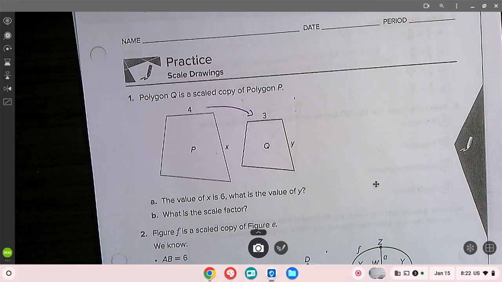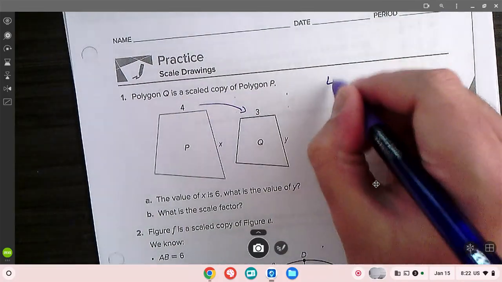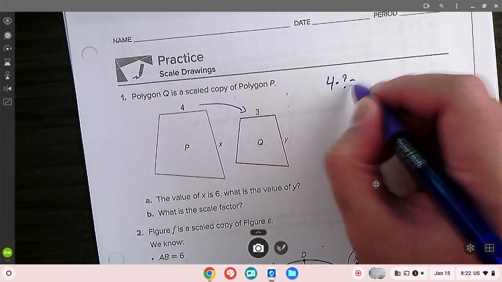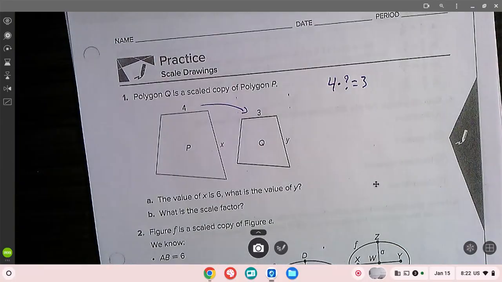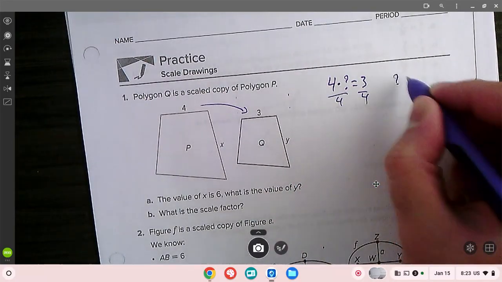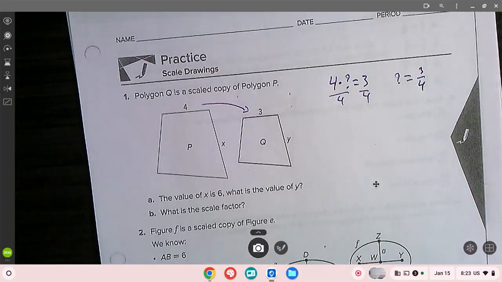That's 0.75, right? So 4 is multiplied by some number to be equal to 3. If we divide both sides by 4, our question mark will be equal to 3/4, which is 0.75. I was right, yeah, you're right.